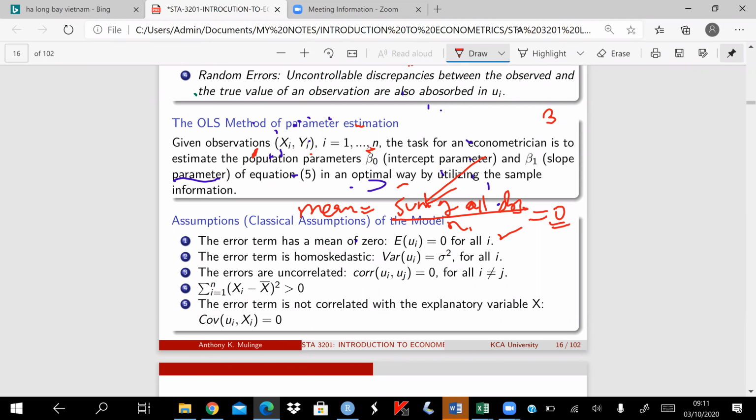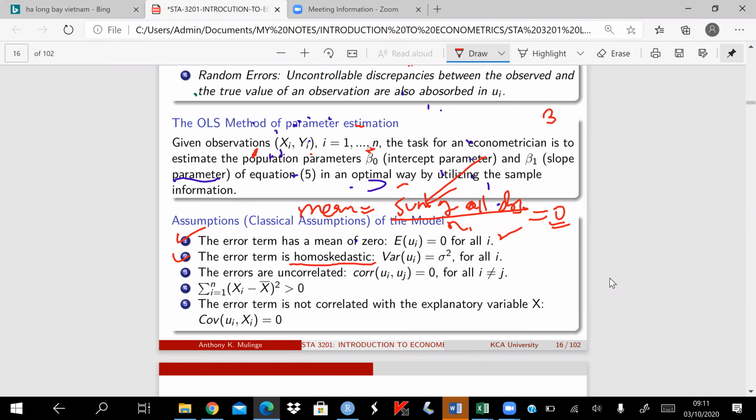Number 2, as you can see, the assumptions revolve around the error term because we want the error term to behave in a certain way so that we can make a conclusion about our model, whether it's good or not, whether it can be improved or it's okay the way it is. Assumption number 2 is slightly technical.